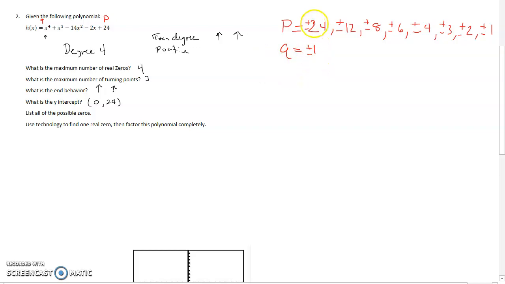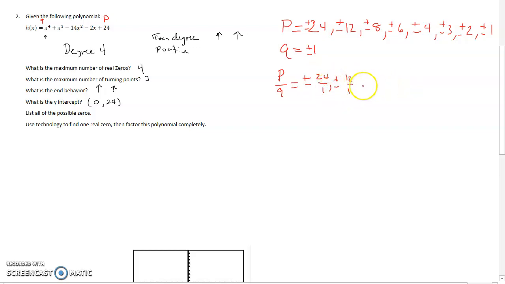Now the list of possible zeros is all combinations of p and q divided. So the list of all possible zeros is going to be p divided by q. So plus or minus 24 over 1, plus or minus 12 over 1.